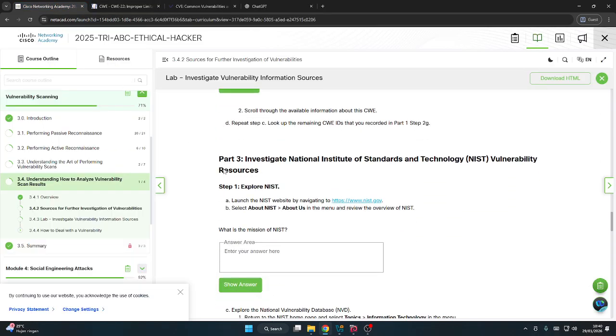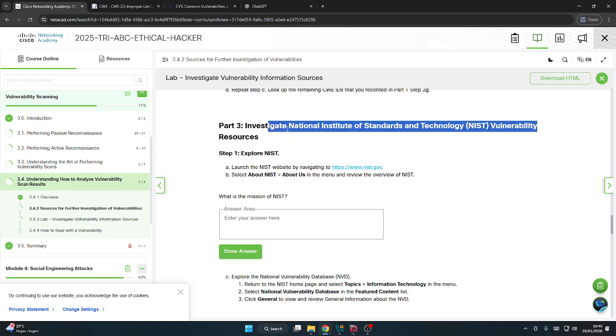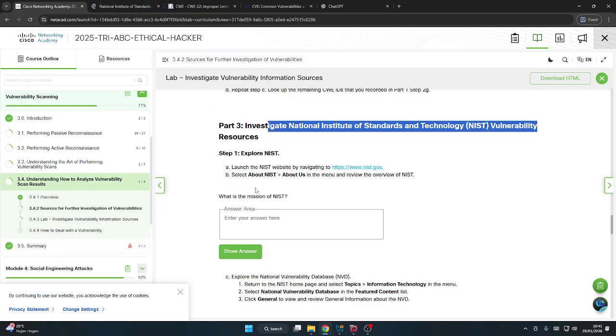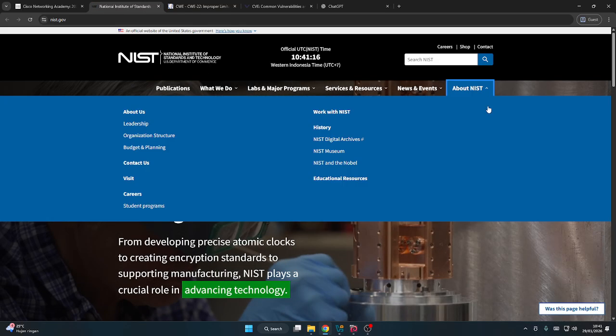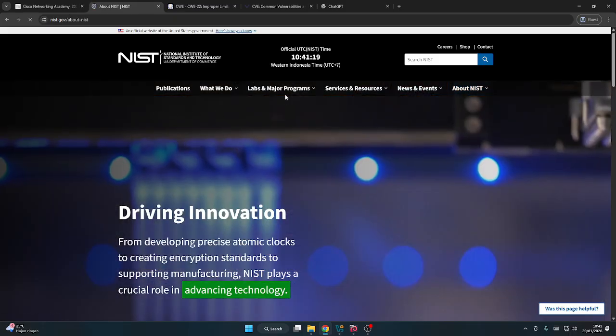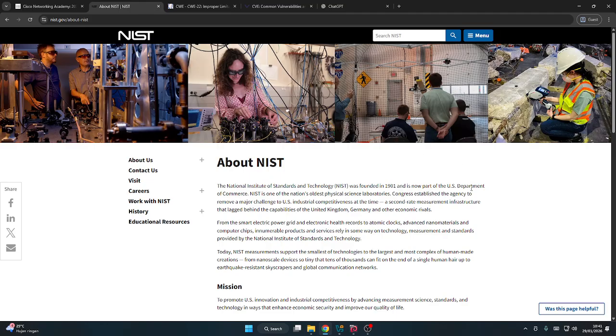So next is part 3, investigate the National Institute of Standards and Technology (NIST) vulnerabilities resource. Explore NIST, about NIST, about us. As we can see here, the National Institute of Standards and Technology was founded in 1901 and is now part of the U.S. Department of Commerce.